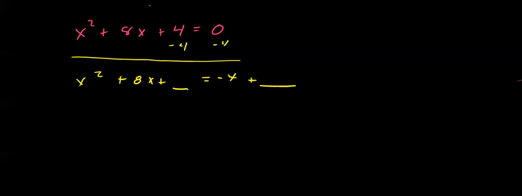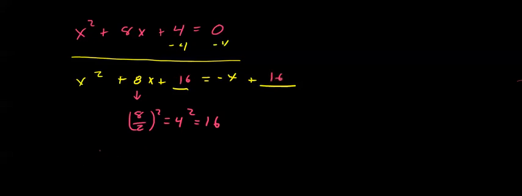Take half of the linear term. Half of 8 is 4. Square it. 4 squared is 16. I add it to both sides.